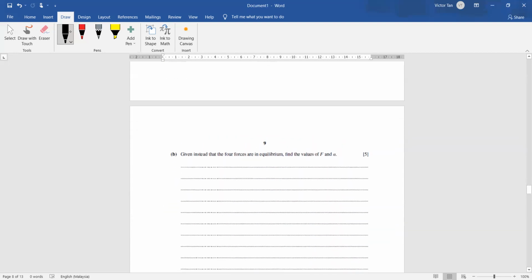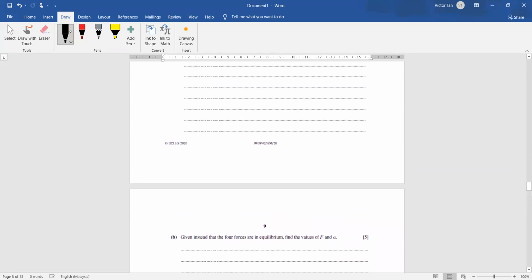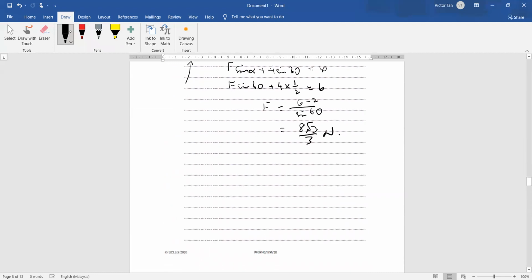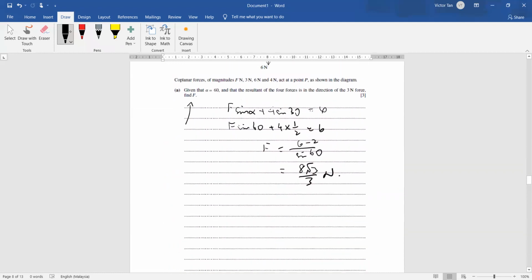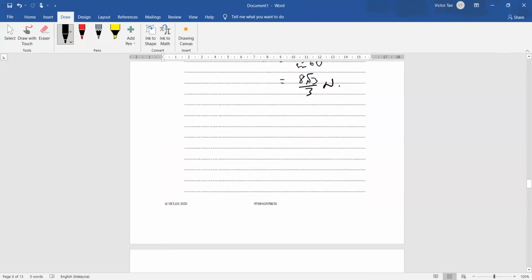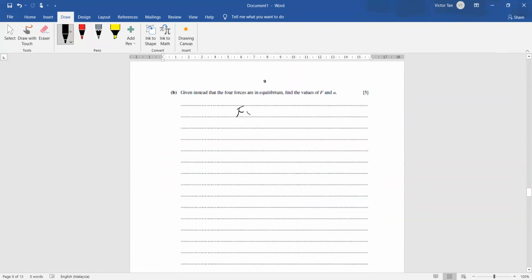Given instead that the 4 forces are equal, find the values of F and alpha. Okay. So again, from the first equation, F sine alpha equals 4.